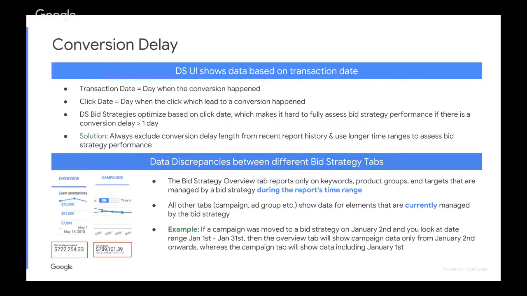So let's say if you remove some campaigns from the portfolio, that data will be removed from the campaigns tab, but not from the overview tab. So it's important to keep an eye on that, especially when making changes, together with conversion delay and other aspects when looking at performance.